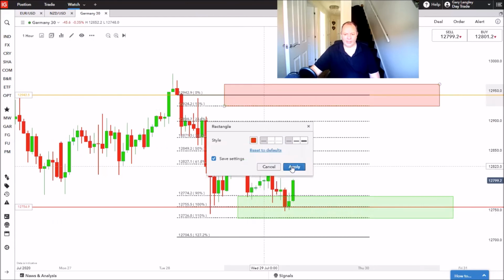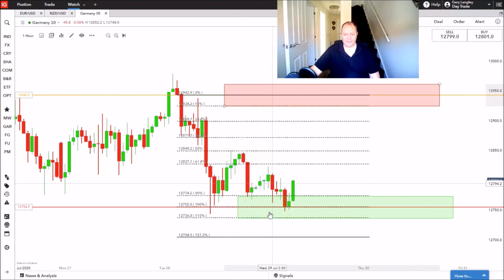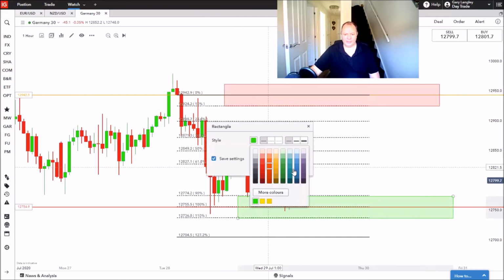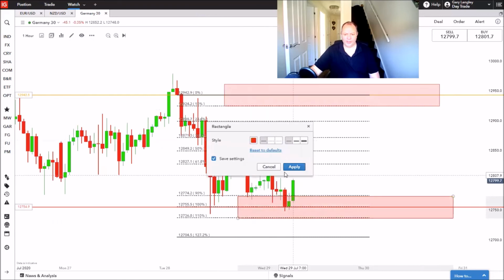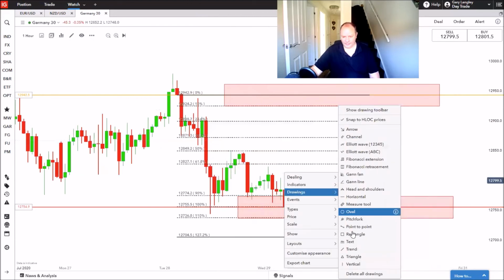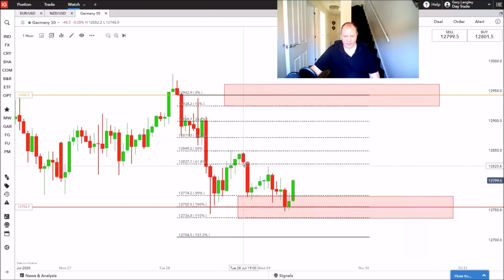The thing with the DAX is it moves very, very quickly. So you've got to be a bit careful with it. Treat it with kid gloves. Because the moment you think that you've got it beat, you haven't.